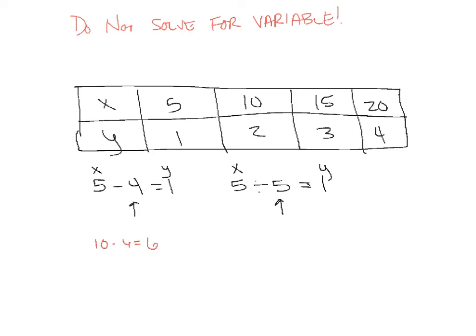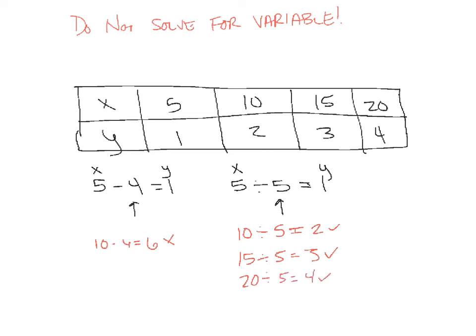Well, that one doesn't work, so automatically, that relationship of subtracting 4 from each x isn't going to work. So we're going to go to divide by 5. 10 divided by 5 is 2. That one checks out, but I can't just say because the first one checks out, they're all going to check out. So 15 divided by 5 equals 3. That one checks out. 20 divided by 5 equals 4.